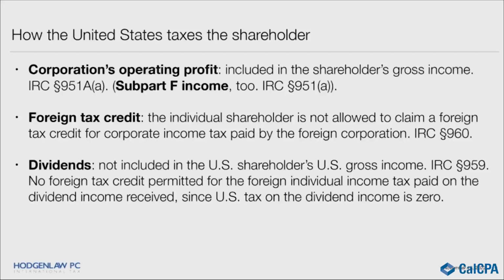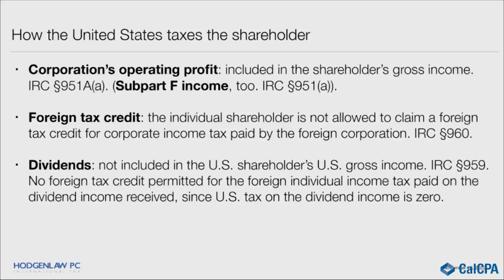Section 960 is the indirect foreign tax credit rule that says a domestic corporation can use as a foreign tax credit foreign corporate income taxes paid by its foreign subsidiary. Well, we don't have a domestic corporation as a shareholder here. We have a human, and therefore the corporate income tax paid to the foreign country is not going to be allowed as a foreign tax credit. And you're going to see how this really creates some sad moments.